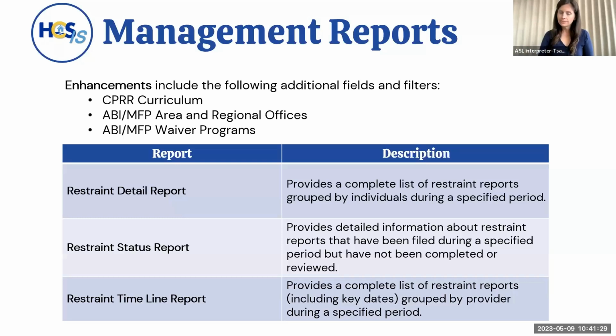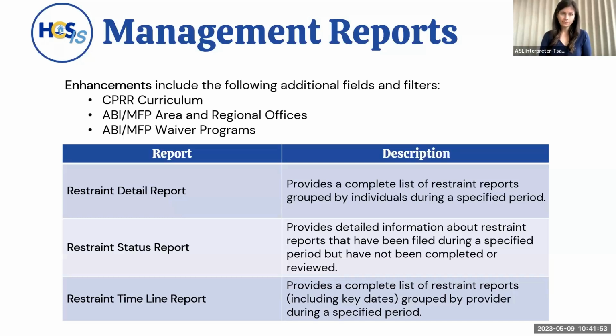As mentioned previously, the reports will receive new features such as new fields or filters due to the inclusion of the ABI-MFP populations in the workflow, but no new reports will be added or removed.